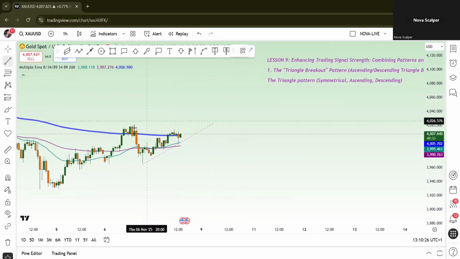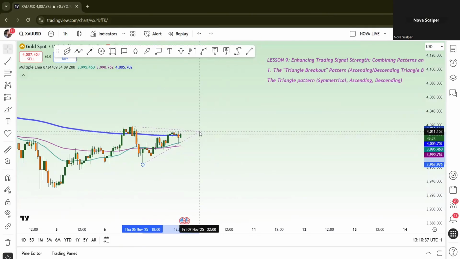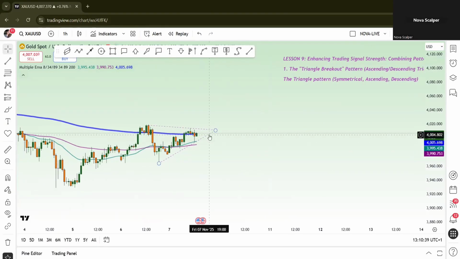And then we connect the higher highs together, okay? And as you can see, it's forming nearly a triangle.